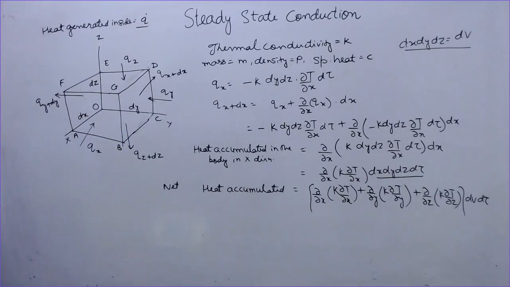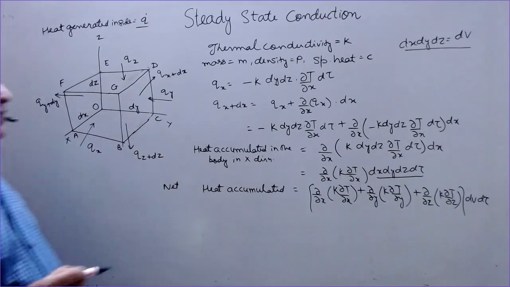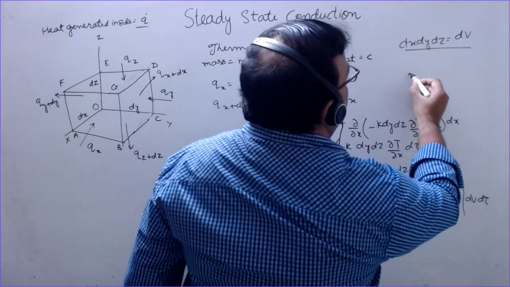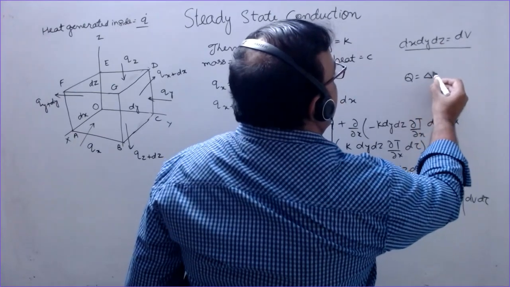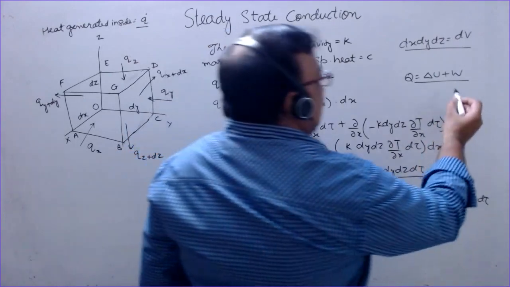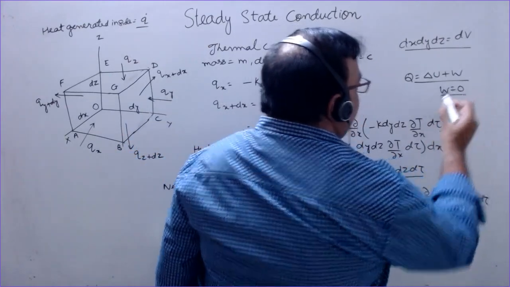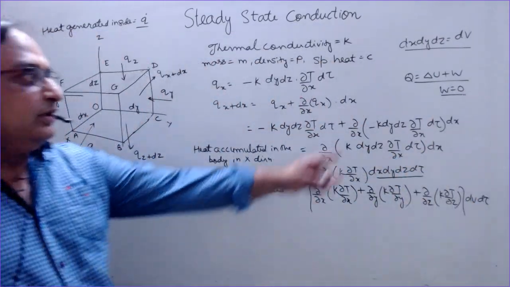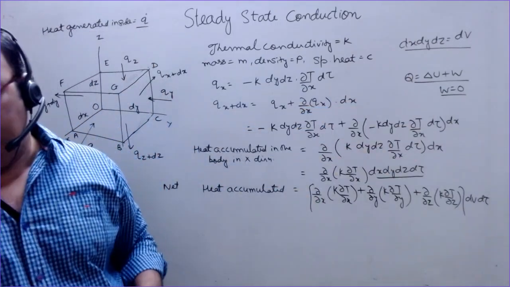Heat is generated at this rate inside the body. So we can write that according to first law of thermodynamics, Q is equal to delta U plus W. So here W is 0. There is no thermodynamic work. So we can write Q is equal to delta U.